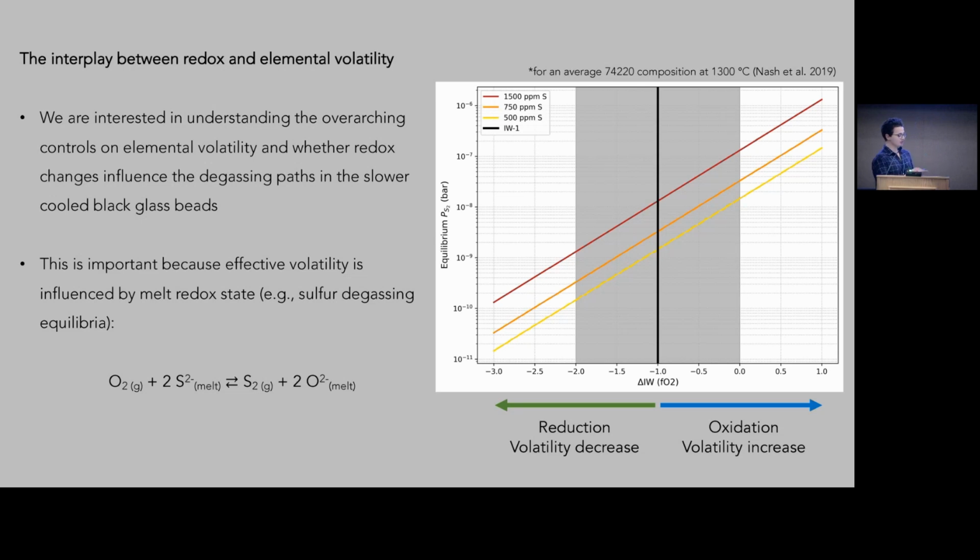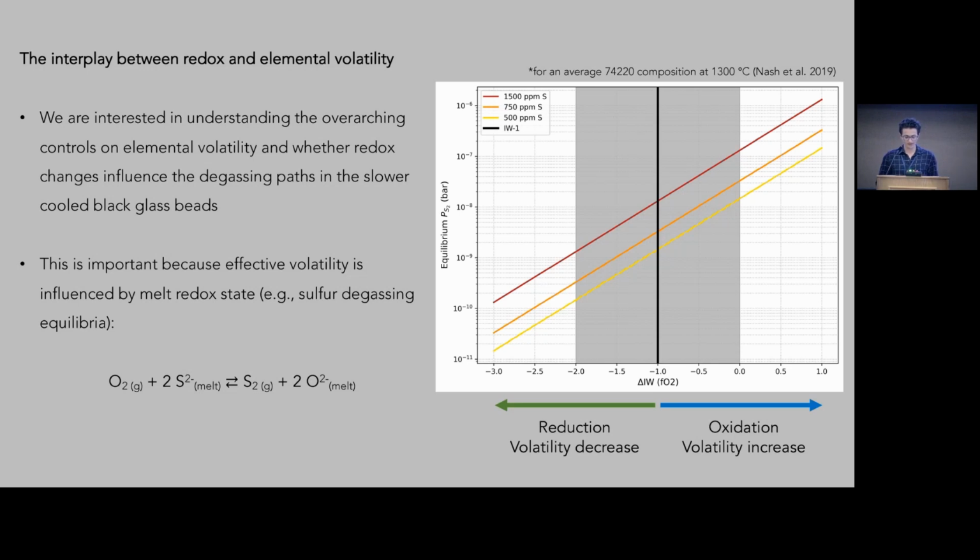The plot on the right shows the same system, where for a high FeO-bearing melt, the equilibrium vapor pressure of sulfur is a function of both the fO2 and the sulfur content. I think this Henrian behavior, where the volatility is proportional to the concentration, is not considered very much. But in this system, where these glasses are losing sulfur and potentially being reduced, we're basically tending towards equilibrium constantly as we go towards lower fO2 and lower sulfur contents.